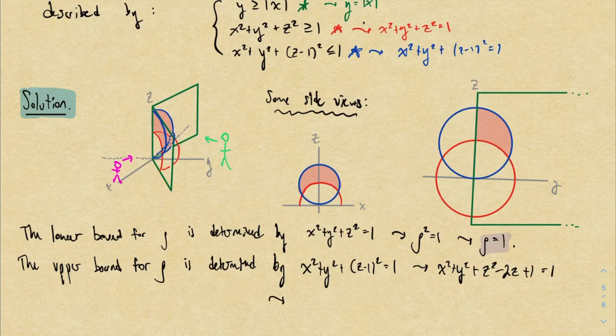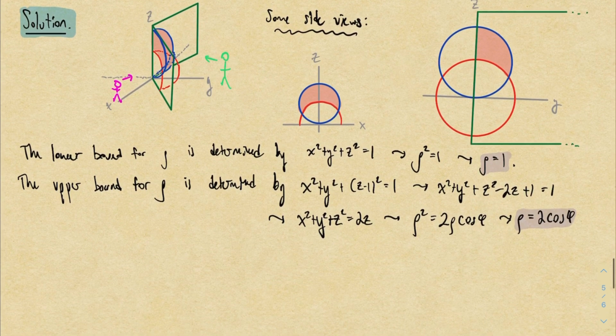Then the 1's cancel out. I can move the 2z to the right-hand side. Then this is easy to turn into spherical coordinates. I'll get rho squared equals 2 rho cosine phi, since that's z. Again, solve for the variable of interest. We can do this by dividing by rho. We'll get rho equals 2 cosine phi. And there's our upper bound. This is exactly what happened in the previous example.